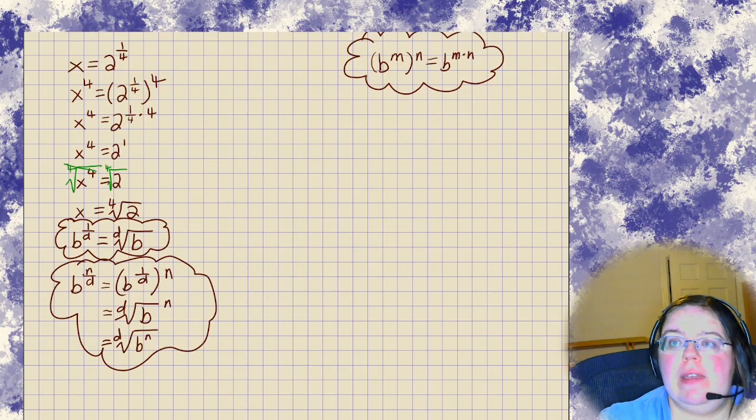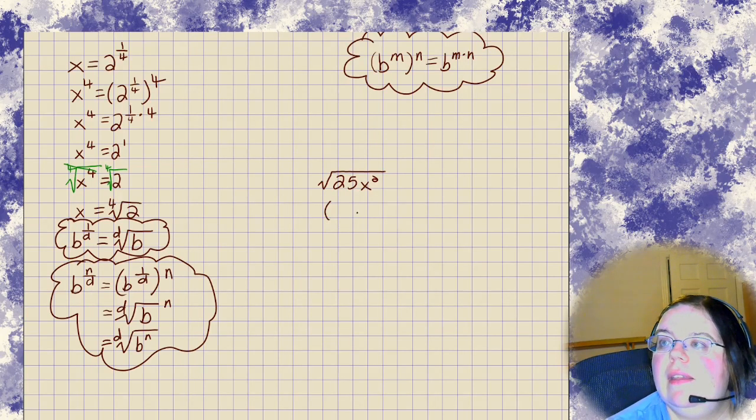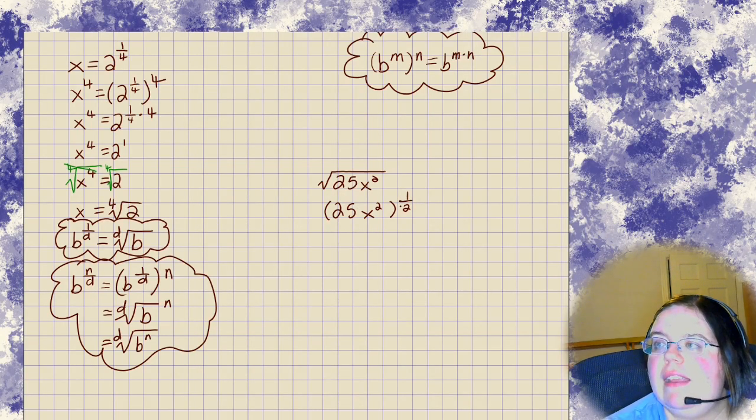So with these formulas, now we have that anything we can do with an exponent is also true about a root. For example, if you have the square root of 25x squared, we can rewrite that as an exponent. And then exponent properties say that we can apply that exponent factor by factor.